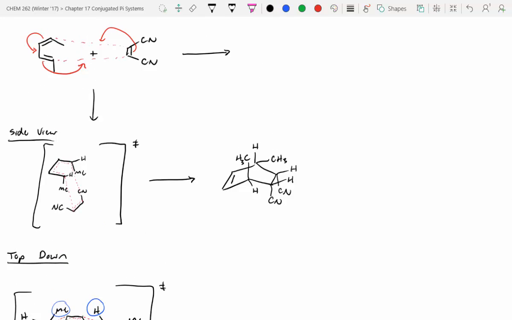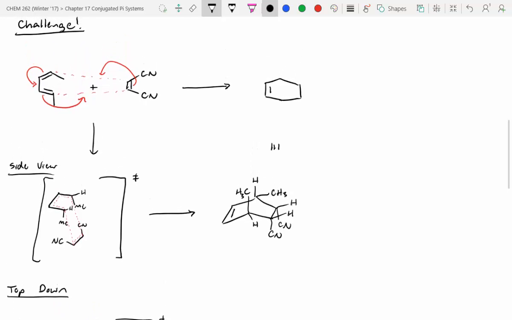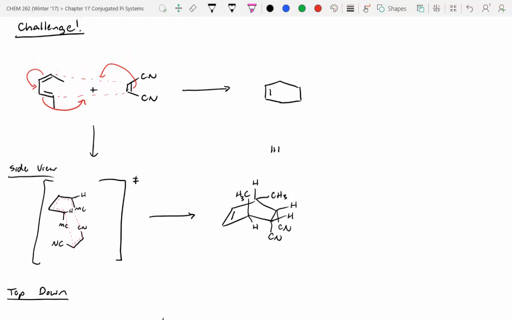So let's try to draw this using our 2D view. We've got our 2D cyclohexene now. We've kind of figured out where our substituents should be coming off of. So just for the sake of argument, let's number this. I'll go 1, 2, 3, 4, 5, and 6.